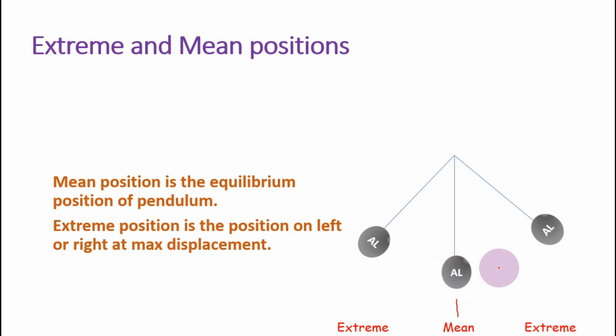Then you bring the pendulum here and mark it here, this is your extreme position, and release it. Definitely it will come back here, and it will not stop at the mean position because of inertia, because it has gained momentum, so it will come here, and over here it will stop, and it will go back and will reach here. So this position is also extreme position.